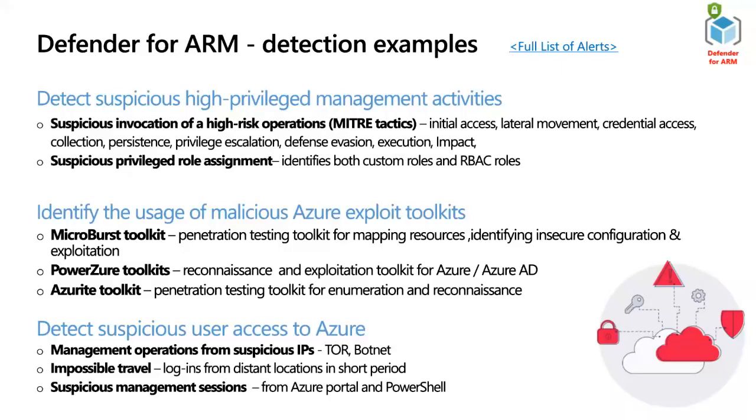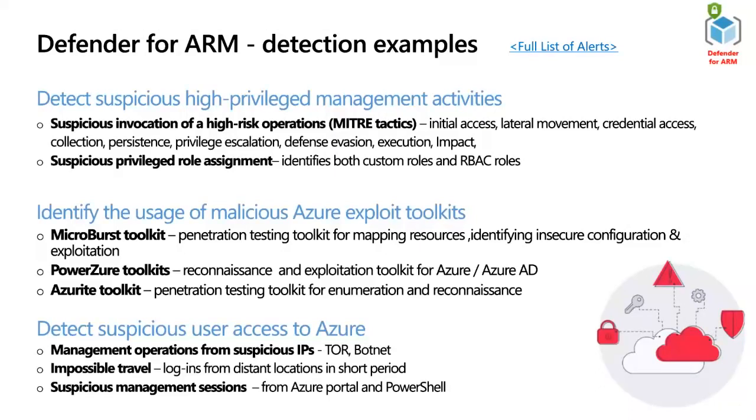Microburst and PowerShell, as well as Azure Write, are open source tools that were originally developed for research objectives. The purpose was to prove that Azure, or a similar cloud like AWS as well, can be exploited through their vulnerabilities.